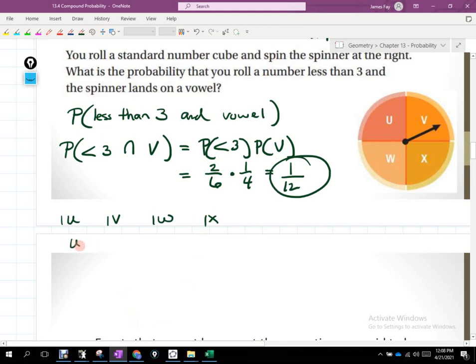I could have a U, a V, a W, an X, but I could have a 2 that goes with all of those, right? I could have a U, a V, a W, an X, or a 3 that goes with all of them. I can do it with a 4.